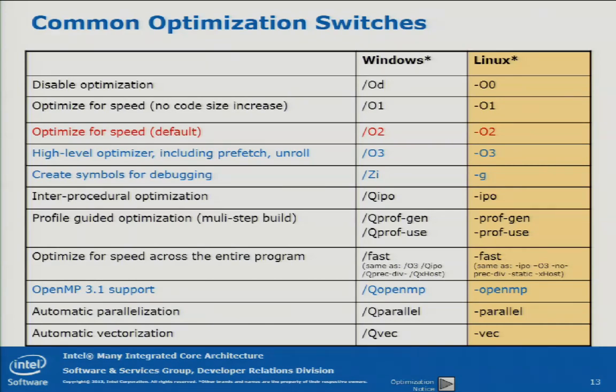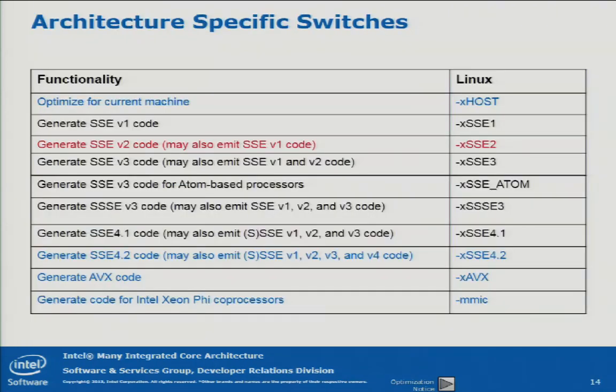Okay, then we have -openmp. That's our OpenMP 3.1 support. And we have -parallel and -vec to turn on parallelization or auto-vectorization. We also have a couple of architecture-specific switches where you can tell the compiler to generate code for a particular platform like Sandy Bridge or Westmere-based processors. If the login node or the build node is the same as the compute node, you can use -xhost to tell the compiler to look at the platform and optimize for the processor that it finds there.